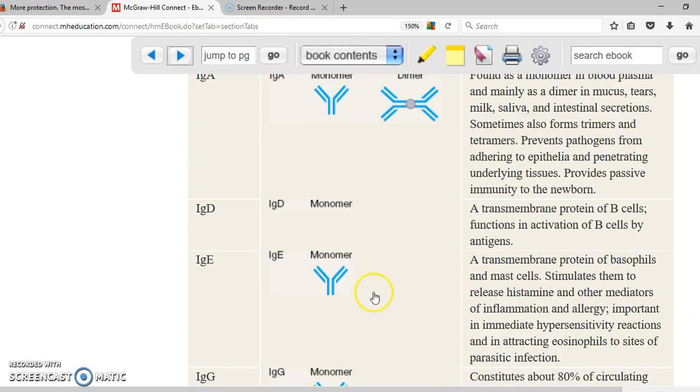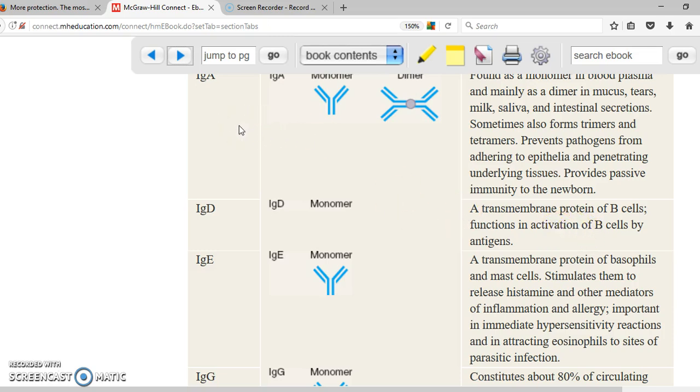IgE, E is related to eosinophils. Right here, eosinophils are very important with IgE because this one is very commonly found in inflammatory as well as allergic reactions, as you can see right here. IgD is important in B cells, because it helps with the activation of the B cells.